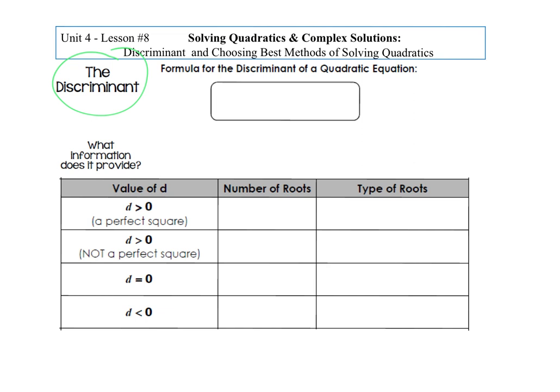The discriminant, there's a formula for it. And the formula for it is part of the quadratic formula. So we're going to say D for discriminant is equal to B squared minus 4AC. Now, if you remember, the quadratic formula is negative b plus or minus the square root of b squared minus 4ac all over 2a.